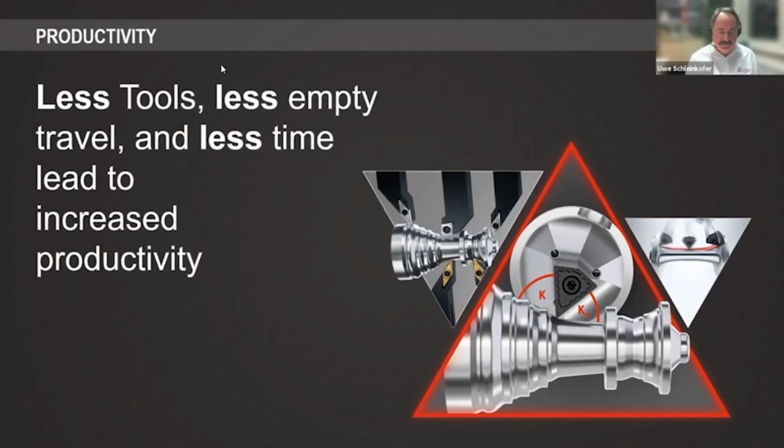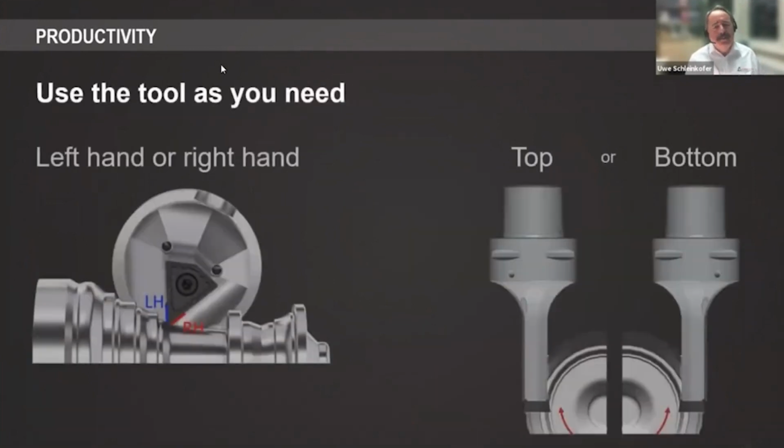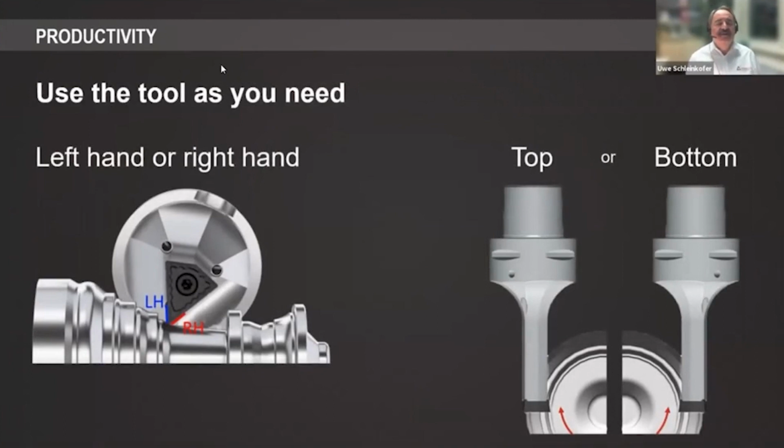One example is that now with that process, you can use left hand and right hand tools at the same time, because you can turn the tool in the right direction during the process. And you can use the tool additionally in the back or the front of the rotating part which you'd like to manufacture. So this is a big advantage as well.